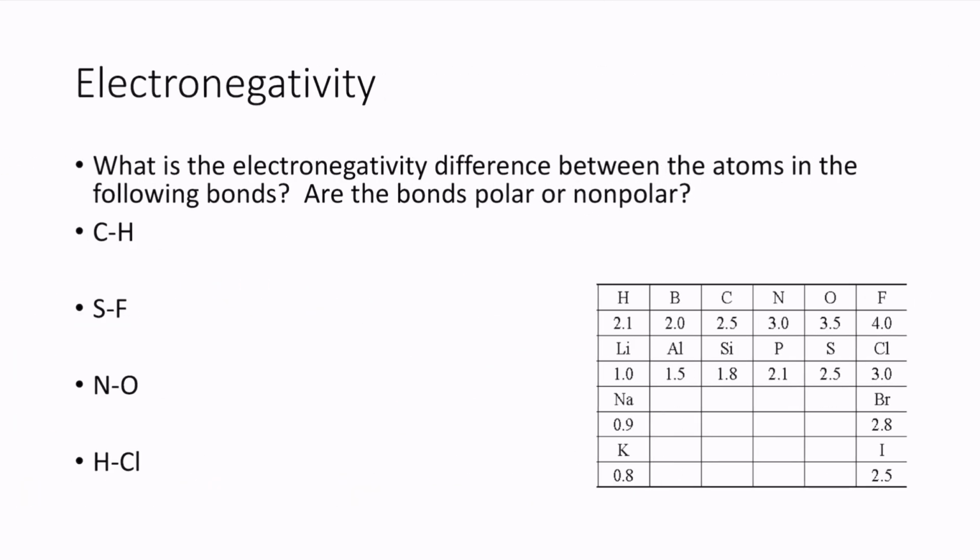We can use the electronegativities, the actual values, to calculate whether a bond is going to be polar or nonpolar. So we can look at a spectrum. From 0 to 0.4, this is going to be nonpolar.